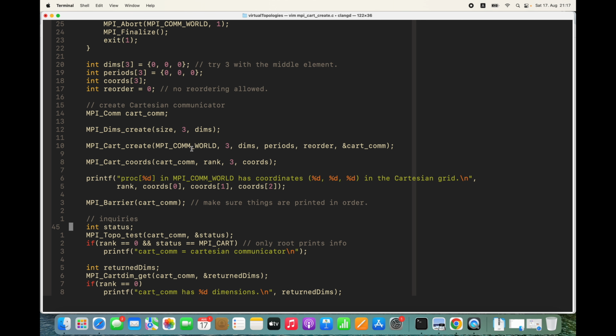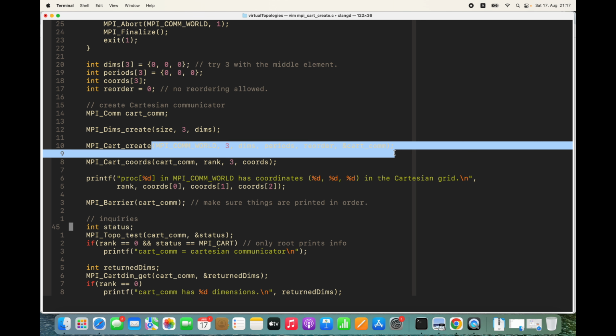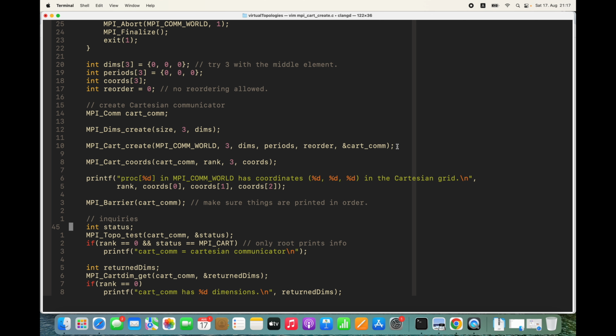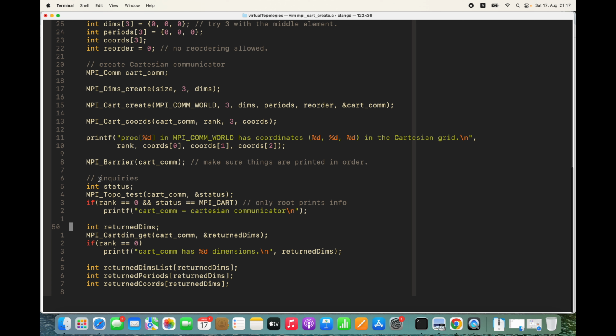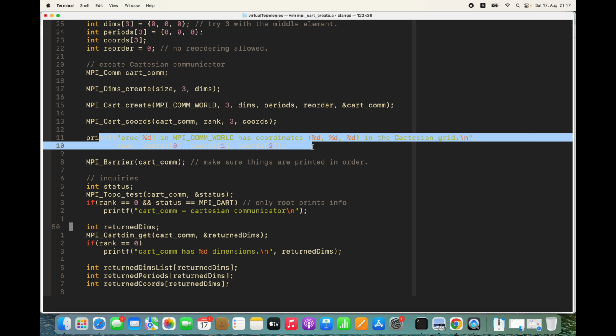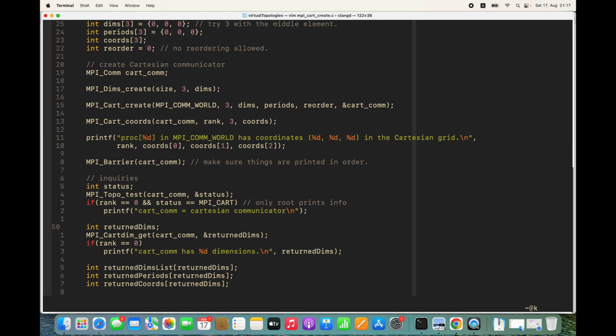So we have this MPI_Cart_create. We pass in those proper arguments. And the rest of the stuff, I'm not going to comment on because we have inquiry functions which we haven't talked about yet. But after creation of that, we try to print something from different coordinates and different processes in that Cartesian topology.